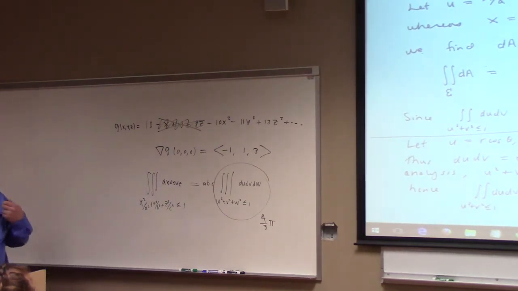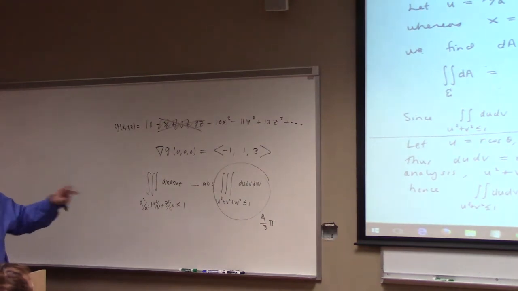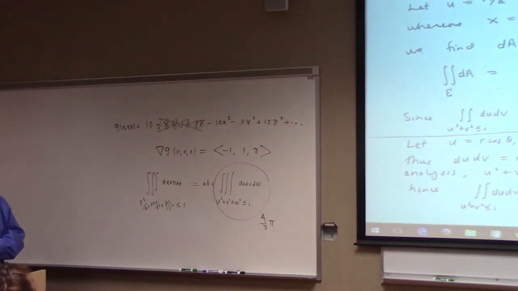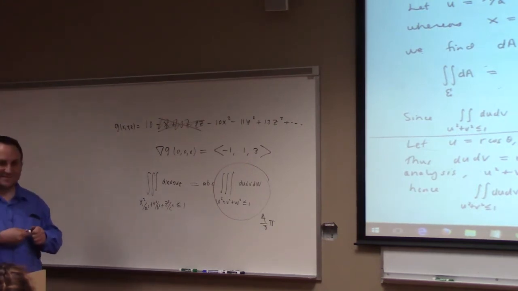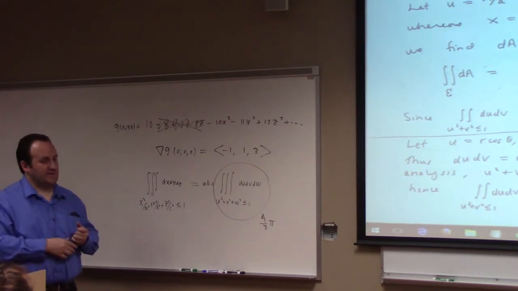We found the Jacobian was ABC. So in this problem, fine, you don't actually have to show me that that's 4/3 pi. It'd be okay to quote that result. I'd like you to know that result. I think you should know that the volume of a unit sphere is 4/3 pi. I think you should know that the area of a unit circle is pi. So, just saying.